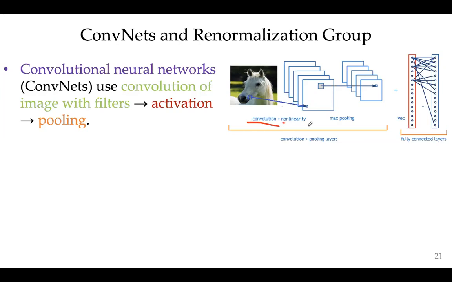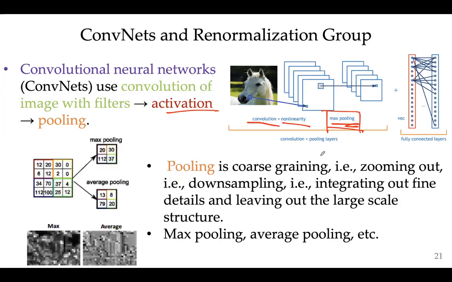And then there is some activation function. After that, there is this pooling layer. What I'm interested in here is the pooling. So what is pooling? Let me show you on this example. Let's say this is the image, the pixels, and the pixel values.